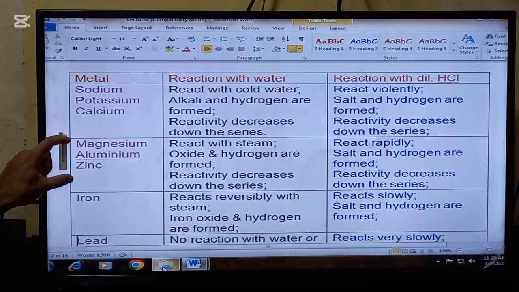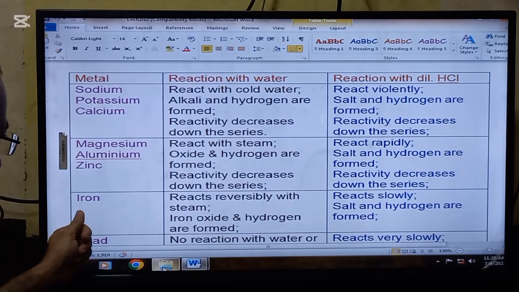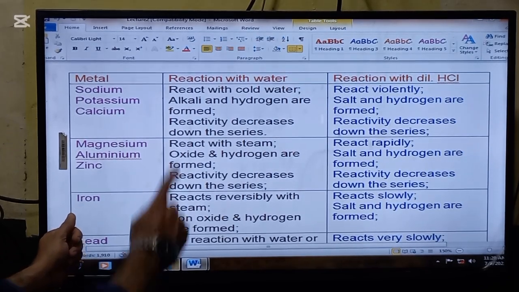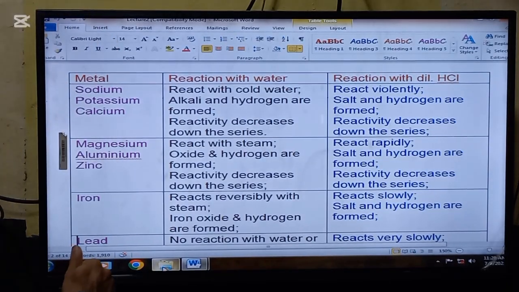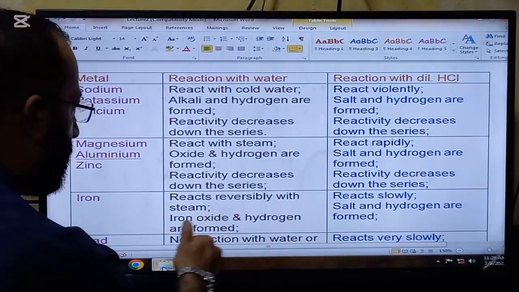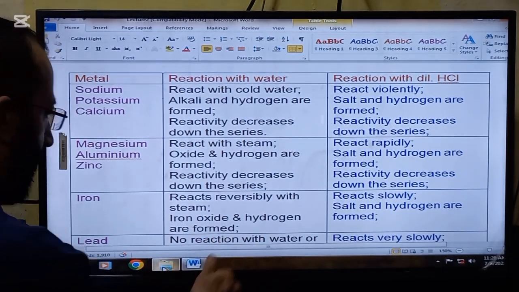After these three metals, as we go from top to bottom, iron comes. So now we are going to read iron's reaction with water and dilute HCl. Iron reacts reversibly with steam. Iron oxide and hydrogen are formed.